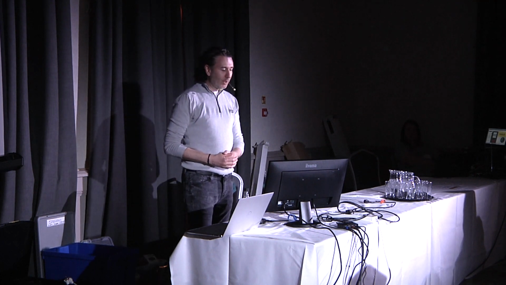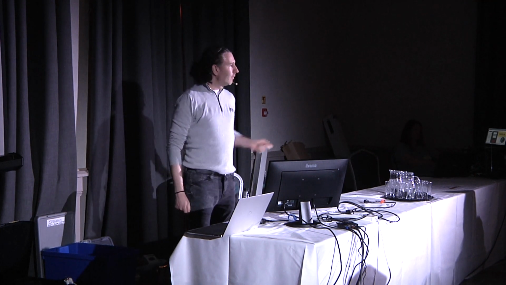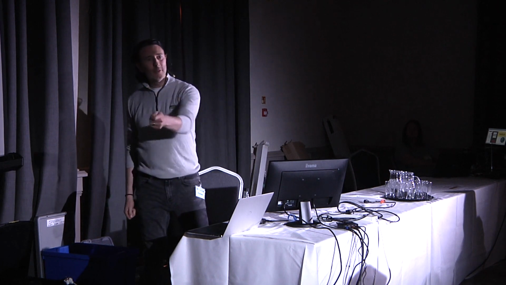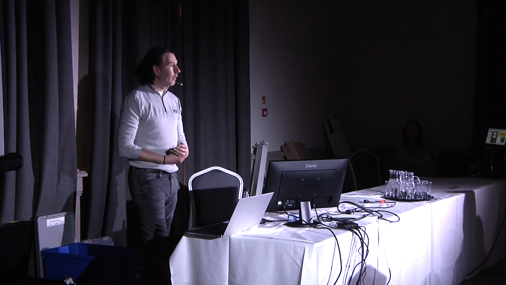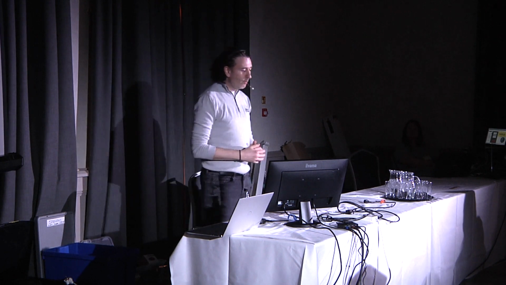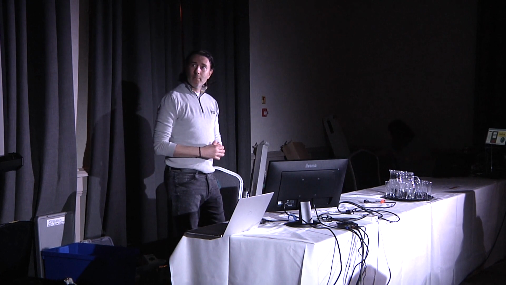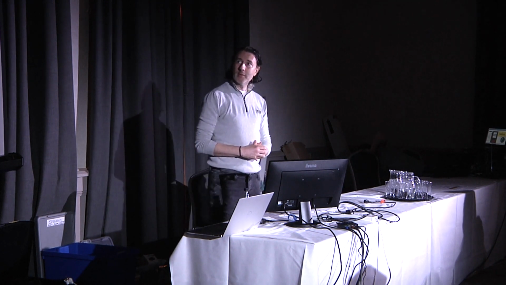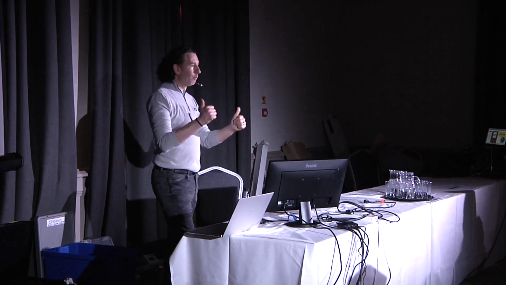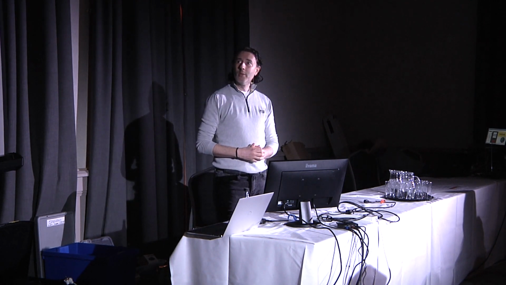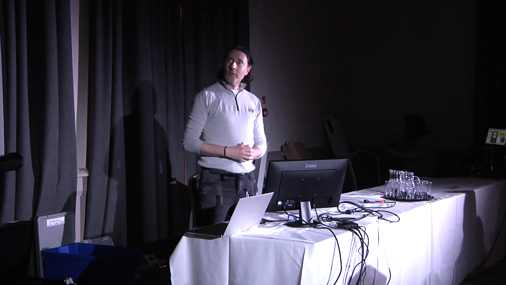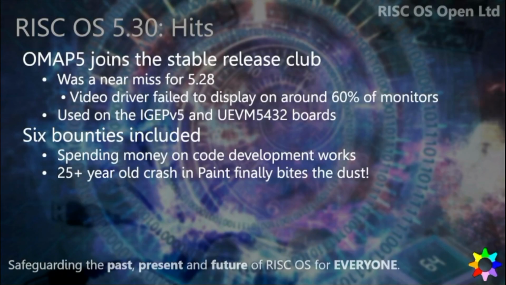So this particular bug meant that when we went around an office and tried plugging into all the different monitors, we found quite a high failure rate where they were just blank screens. But we figured out what that was with the developers' support, and because that bug has been clobbered, and a few other bits and pieces, it now means it is a proper stable release and has joined the group for 5.30.